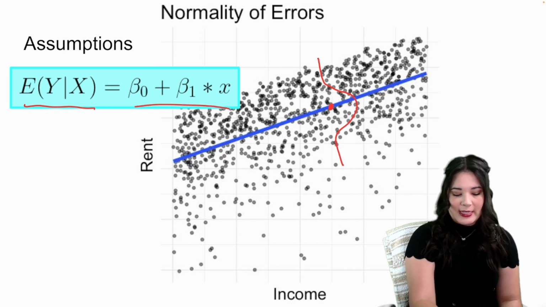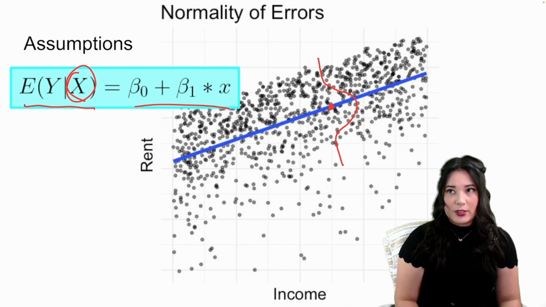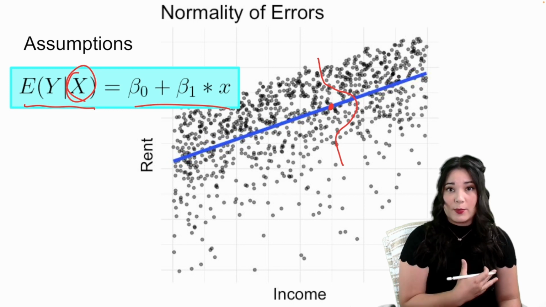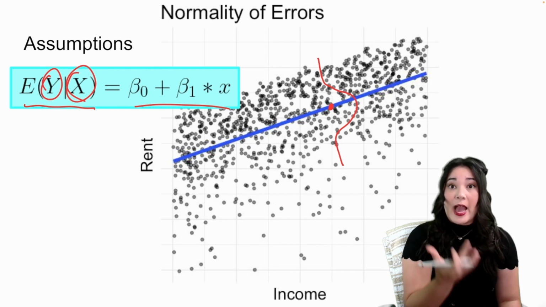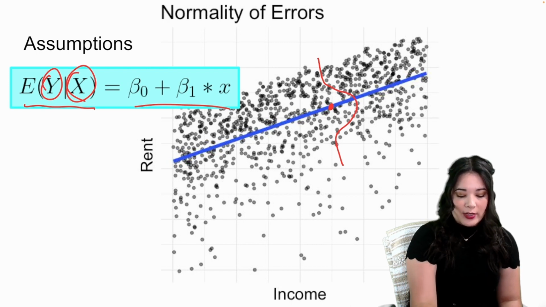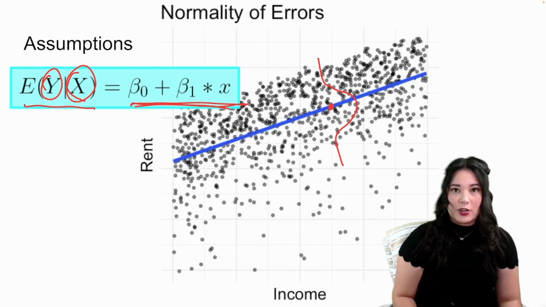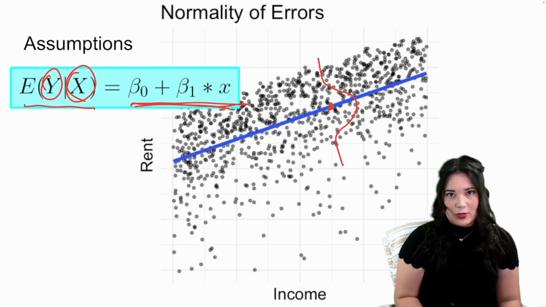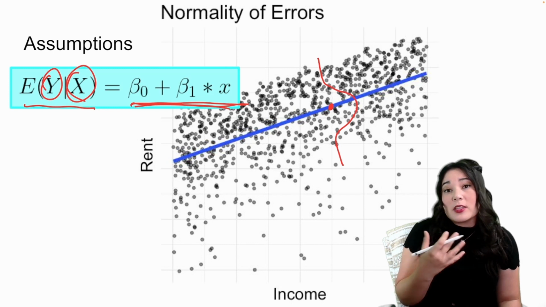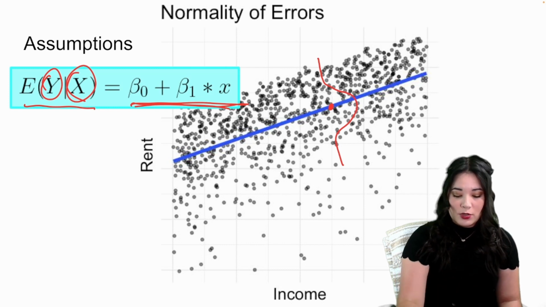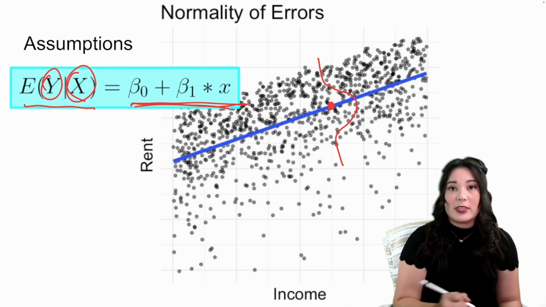All this is saying is that if we know the predictor values, which we do because they're the inputs to our model, the expected value, or usually like the average value, is going to be given by this regression equation. We're not saying every single data point that has that value of x is going to have our exact predicted value, but the expected value of that distribution is the value predicted by our model.